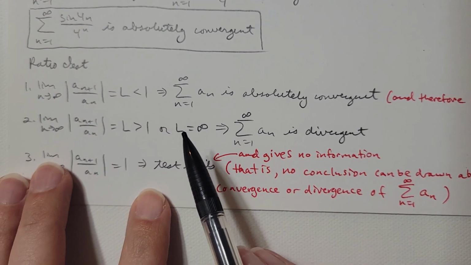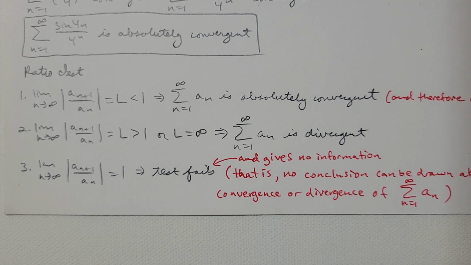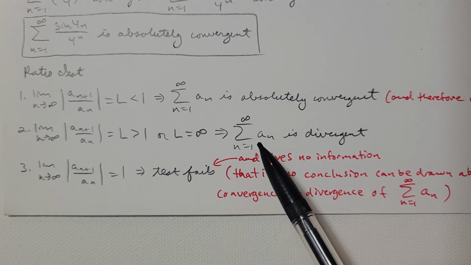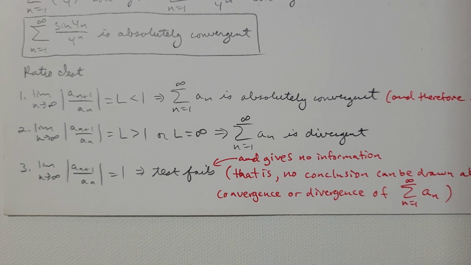Item 2 says that if the limit as n approaches infinity of the absolute value of a sub n plus 1 divided by a sub n is equal to L, which is greater than 1, or if L is infinity, then the summation as n equals 1 to infinity of a sub n is divergent. And then item 3: if the limit as n approaches infinity of the absolute value of a sub n plus 1 divided by a sub n is equal to 1, then the test fails.